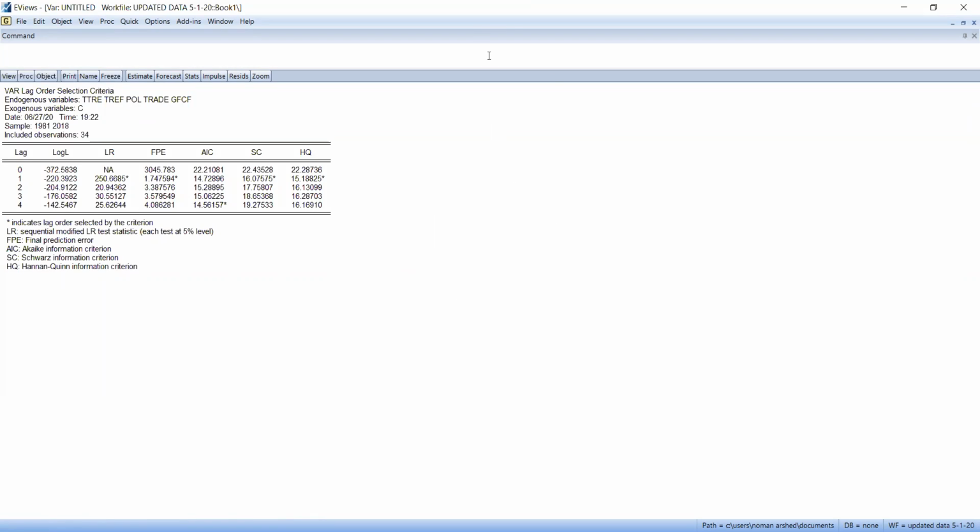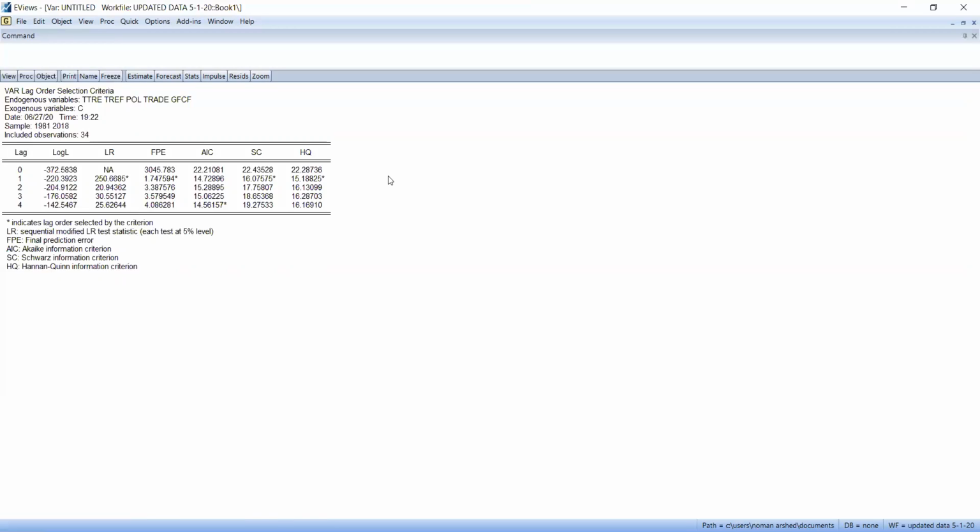Okay, if you want to study more, you should study why we use optimal lag. These tests use a penalty factor: if you add more lags, the model becomes complicated, but we don't need a complicated model. So it compares the power of the existing lags and the complicatedness it will attract if you add more lags.